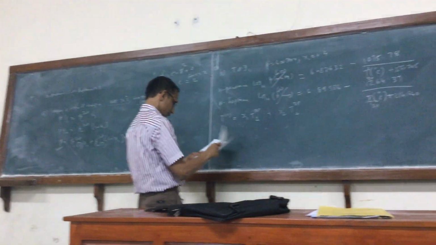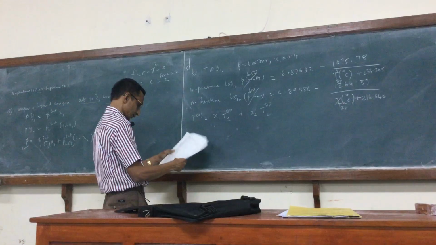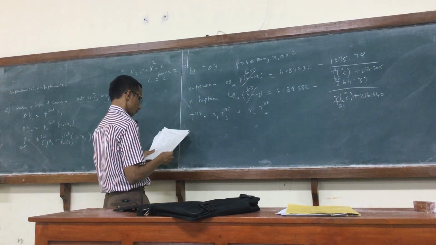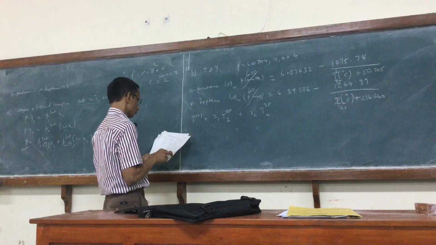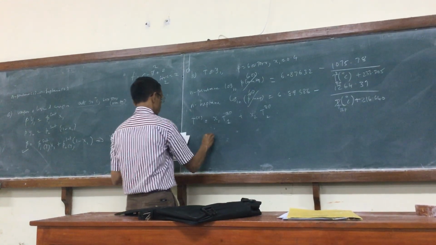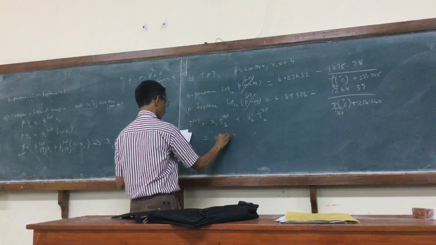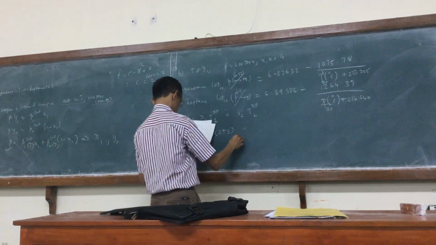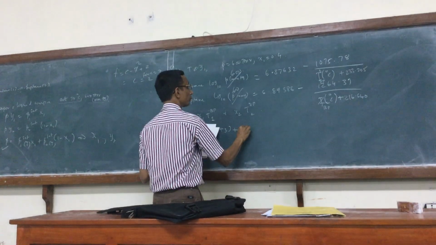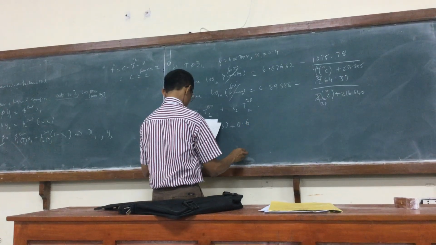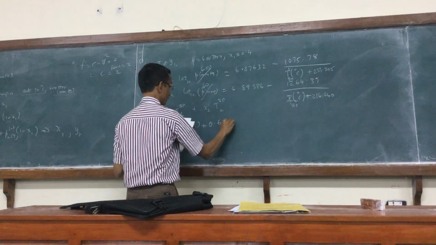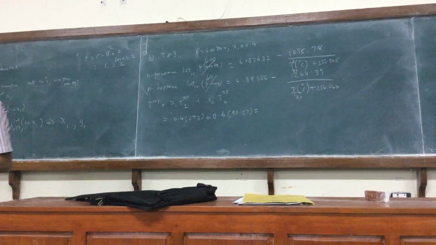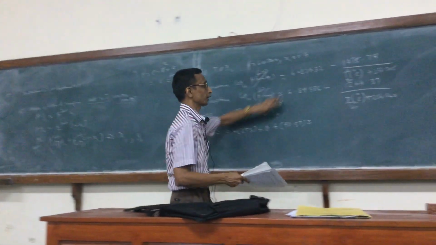So the answer I'm getting is x1, 0.4, times 29.3, this is in degrees centigrade, plus x2, 0.6, times what I have here. You can check it. And if you put 600, you should get 29.3.